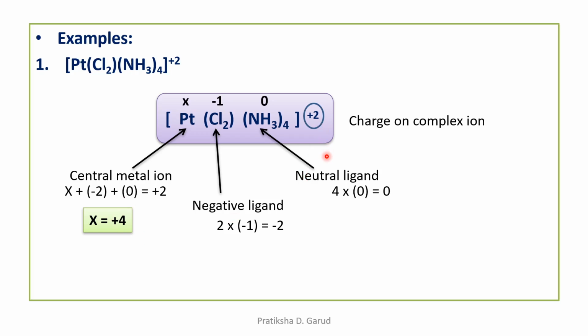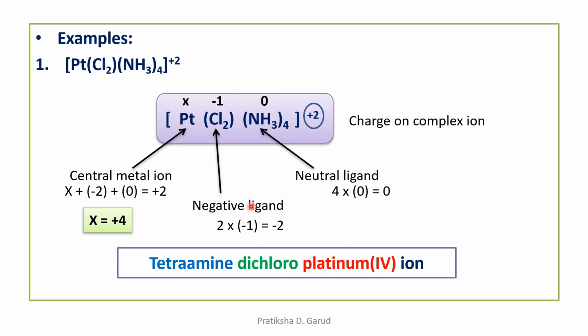So at the end we have to write ion. So its name is tetraammine dichloro platinum(IV) ion. In this way, first of all we have to write the name of the complex ion: tetraammine dichloro platinum(IV) ion.